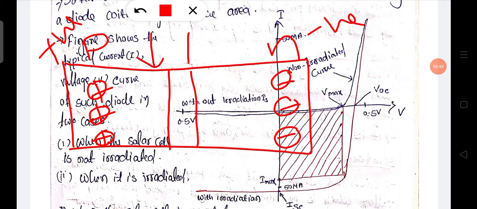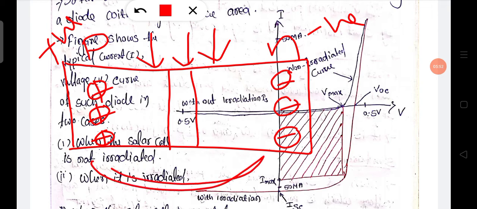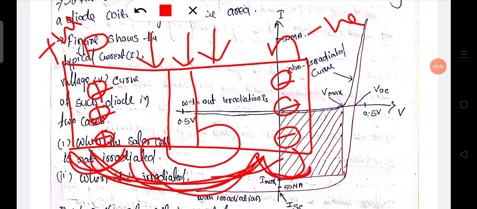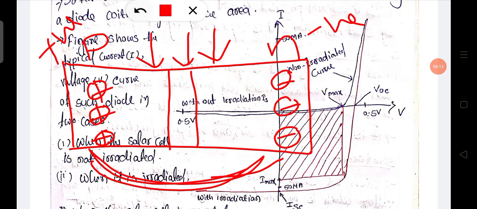Due to this difference of potential, a voltage is created inside our PN junction or solar cell.